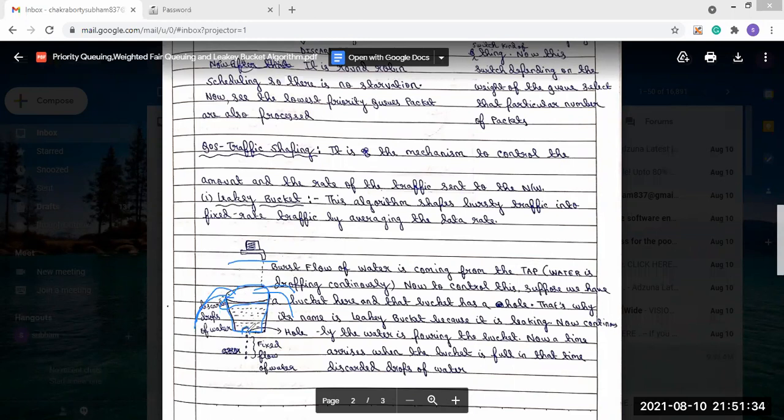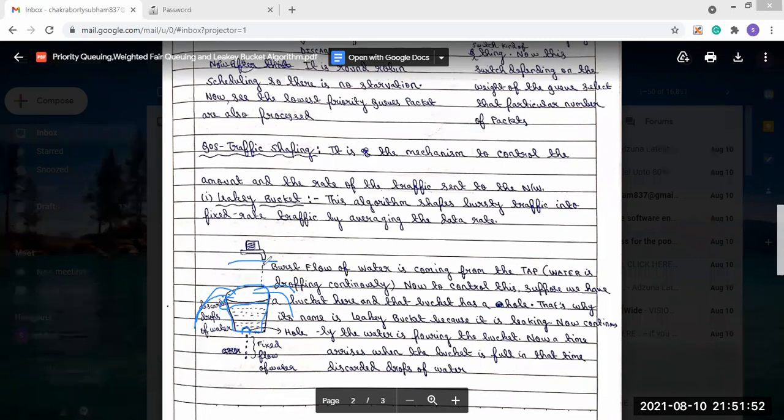And at the same time, from the bottom of the bucket there is a hole present. From this hole, one drop, one drop, one drop, like that, the water is going out.